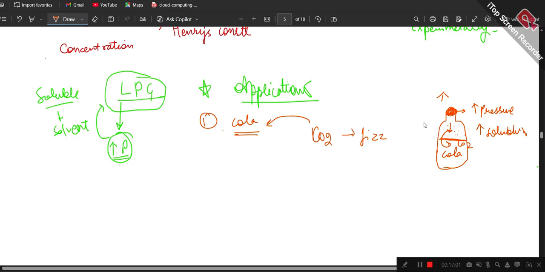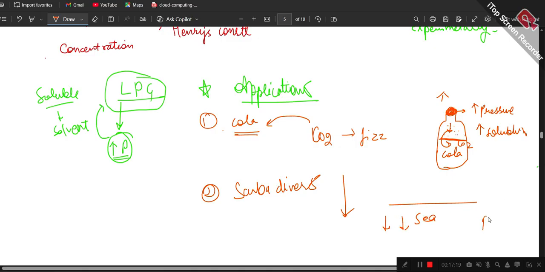So this is the first one. The second one is very important, again a real life example: scuba divers. When they go deep into the sea, the pressure is higher and the solubility of gases is higher.